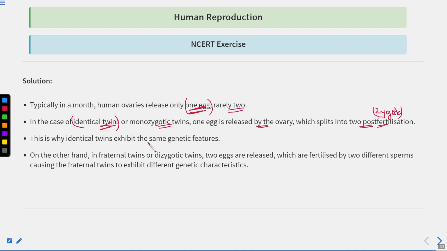This is why identical twins exhibit the same genetic features, because the zygote is dividing. Two eggs are not produced; only one egg is produced. Clear? On the other hand, in fraternal twins, or dizygotic twins, two eggs are released, which are fertilized by two different sperms, causing the fraternal twins to exhibit different genetic characteristics.